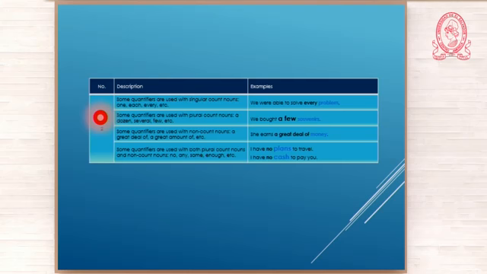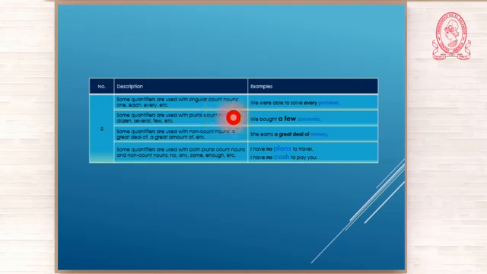Some quantifiers are used with plural count nouns. A dozen, several, few. In other words, after a dozen, after several, after few, you have a count noun in the plural form. Okay? Let us see the examples.